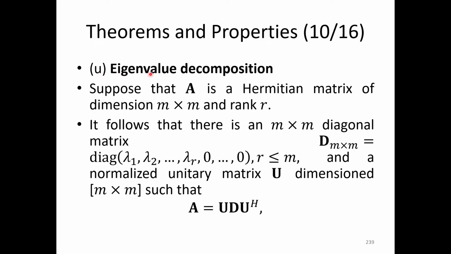Eigenvalue decomposition. Suppose that A is a Hermitian matrix of dimension m by m and rank R. It follows that there is an m by m diagonal matrix D, and the diagonal elements of this matrix are lambda 1, lambda 2 to lambda r, and 0, where r is smaller than or equal to m.